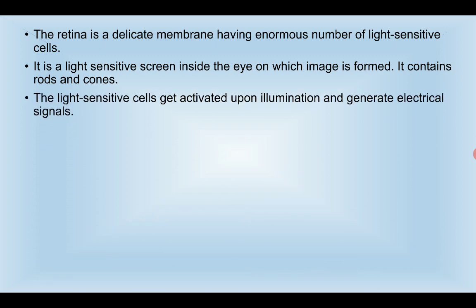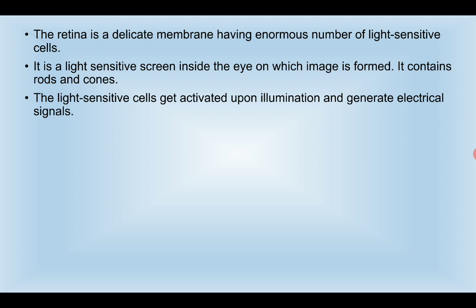So the screen contains the rods and cones, and these light sensitive cells get activated upon illumination and generate electrical signals that are carried by the optic nerves and transferred to the brain, so that the brain can identify that particular object with the help of its color, its brightness, and its shape.